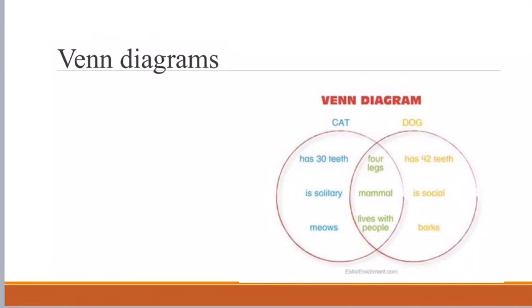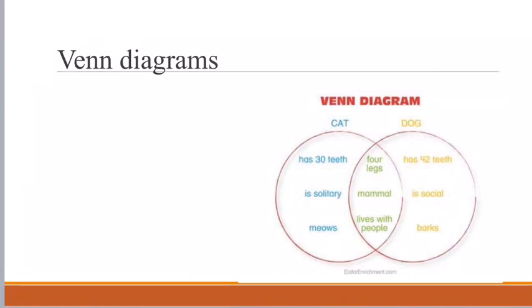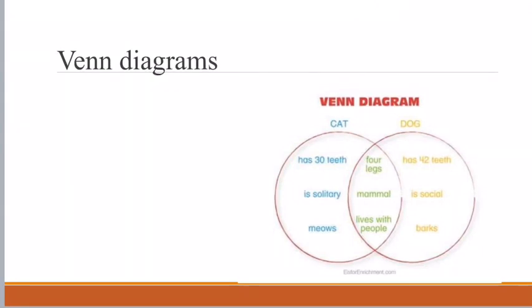And then this one is called a Venn diagram. A Venn diagram, you have two circles that are joined. So if you look at the diagram here, there are two circles and then a little shape in the middle as well. So on the left, you have a cat.